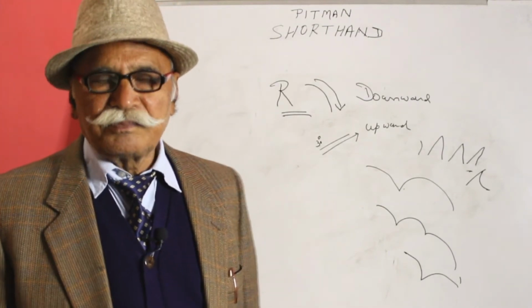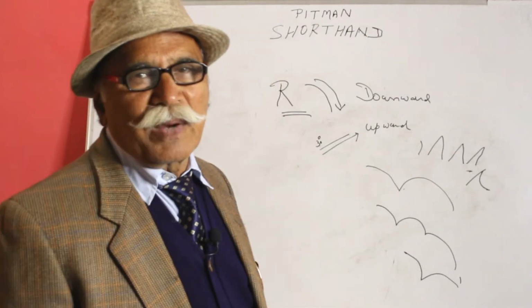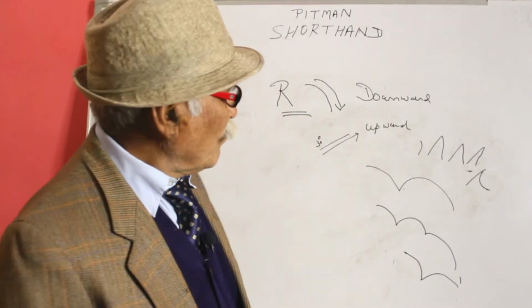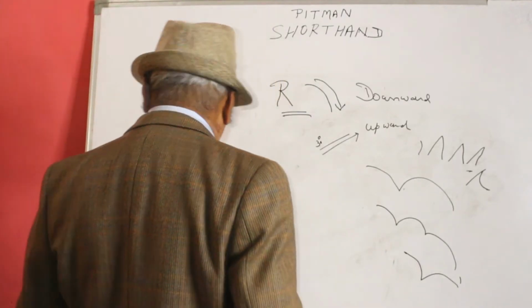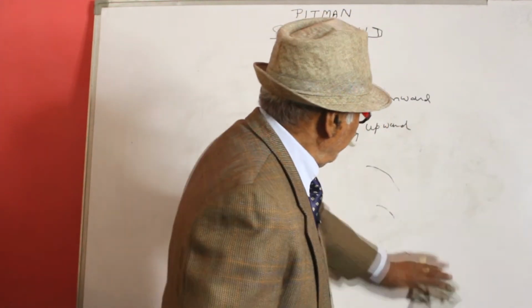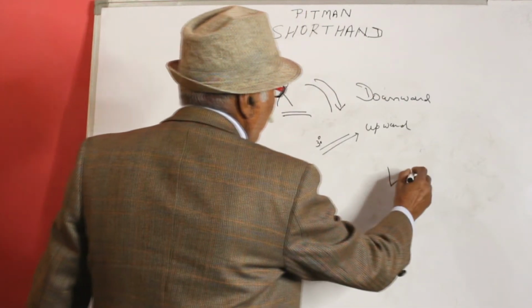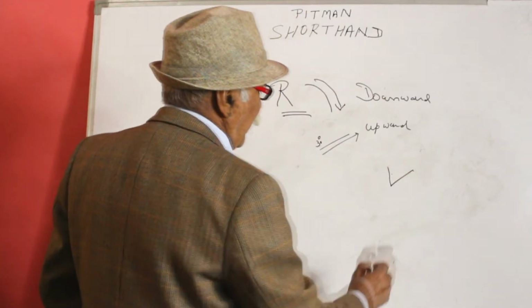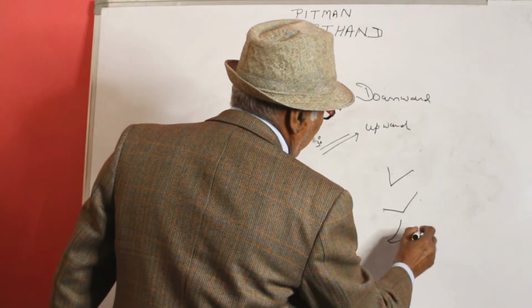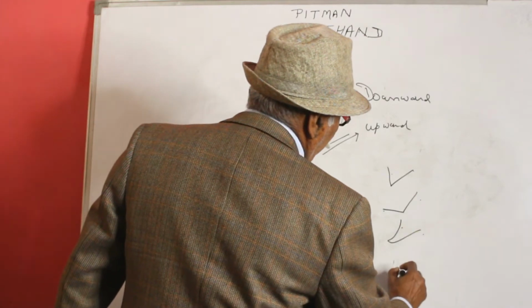Number two, when R consonant is followed by a vowel, like dairy, carry, sherry, marry.